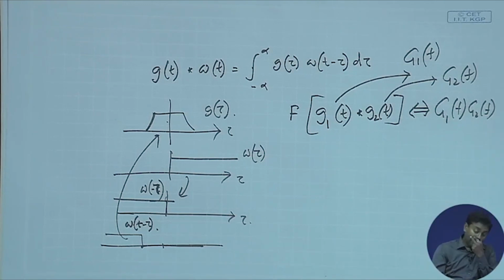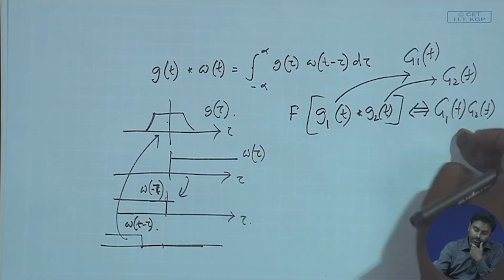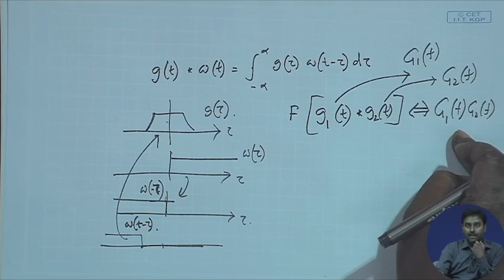So, if in time we convolve, in frequency it becomes multiplication, and if in frequency we convolve, in time it will be multiplication. That comes from another property of the Fourier transform, which is called the duality.